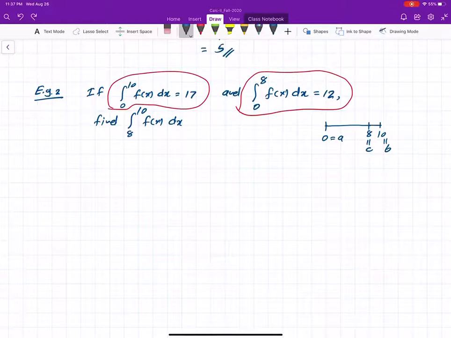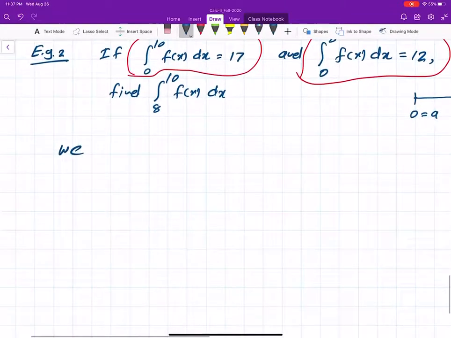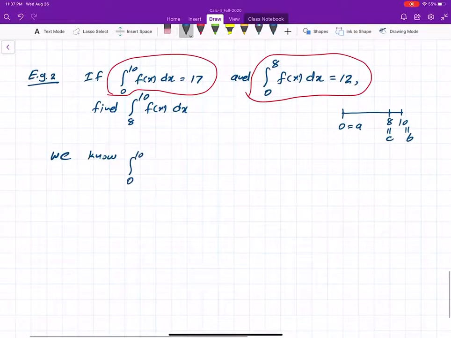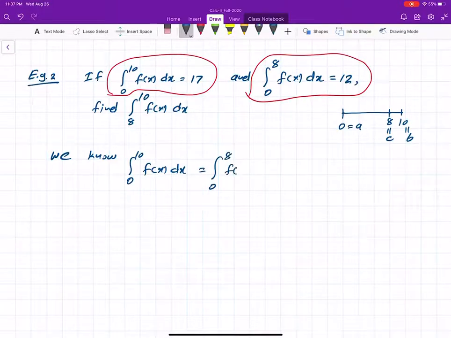We know the integration from 0 to 10 of f of x dx equals the integration from 0 to 8 of f of x dx plus the integration from 8 to 10 of f of x dx.